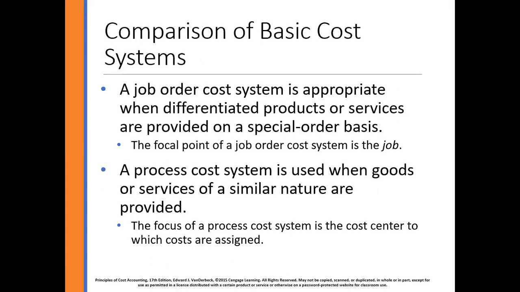So the major difference between job order cost accounting and process cost accounting is that with job order cost accounting, every job is different. Each job is unique. Every job has its own distinguishing characteristics. So the focal point in how we accumulate cost in a job order cost system is the job, right?